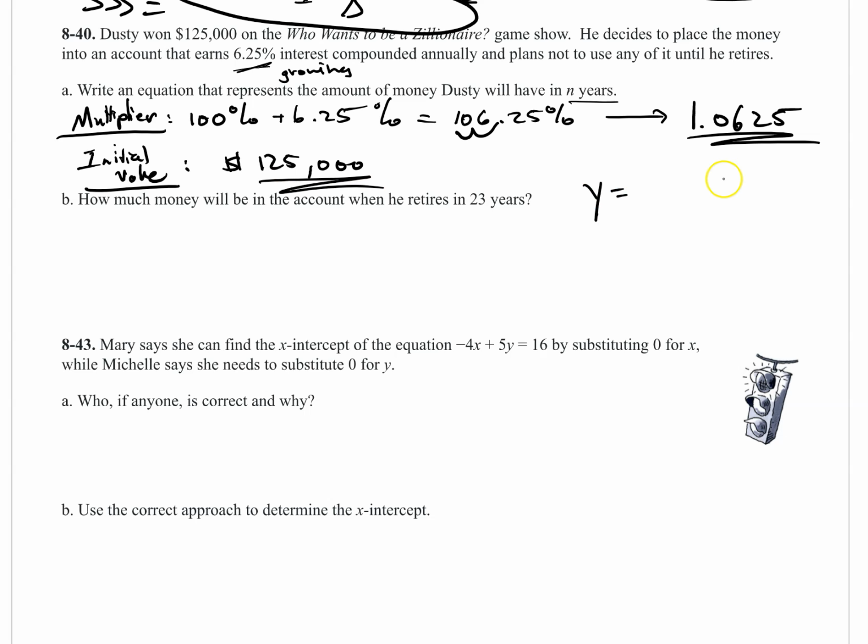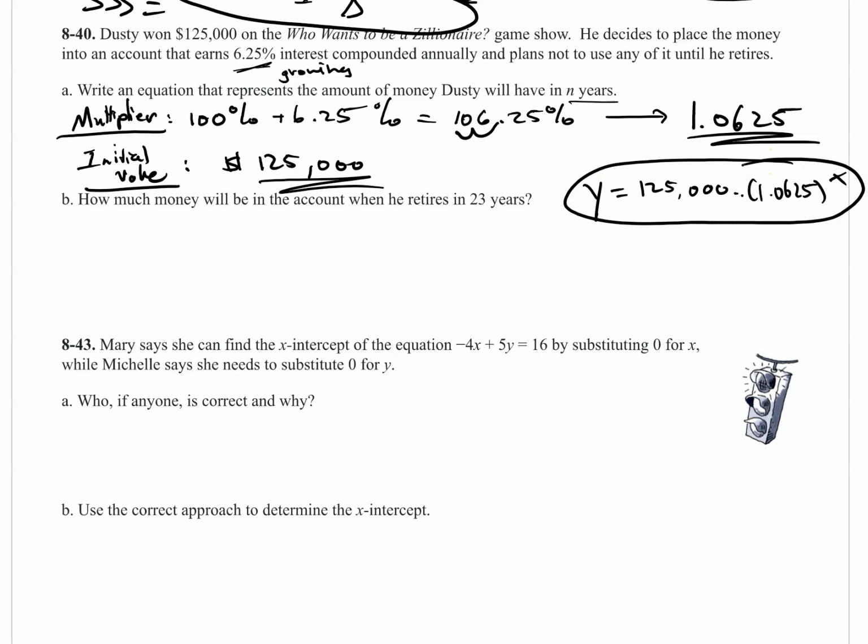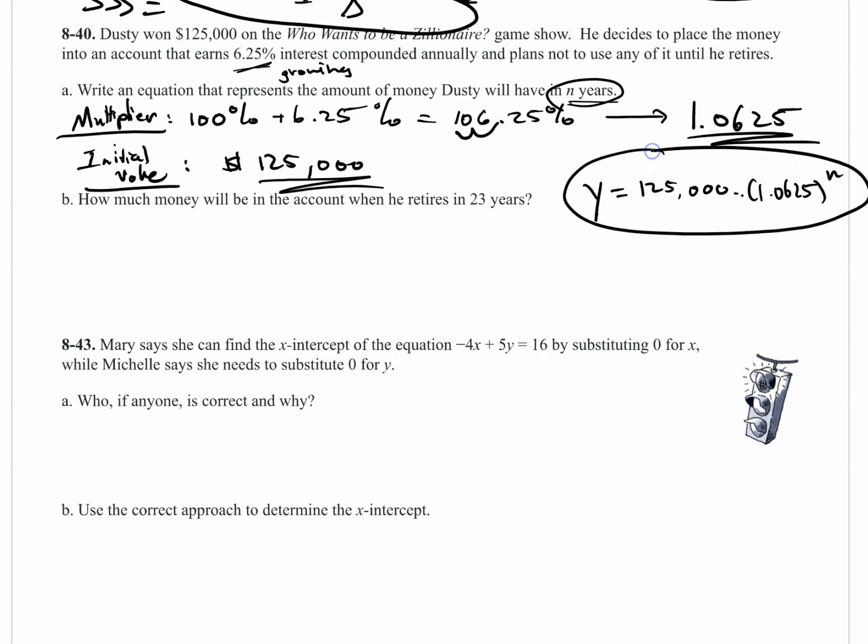So we plug this into y equals a times b raised to the power x. Starting value comes first, so y equals 125,000 times the multiplier, 1.0625, raised to the power x. And it says n years. So let me say raised to the power n.